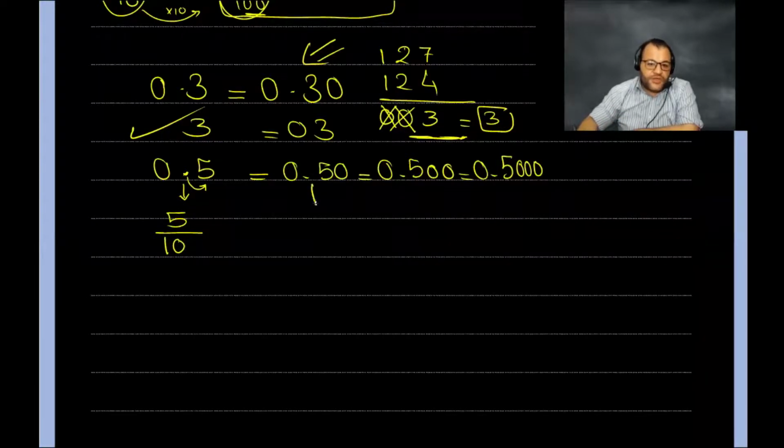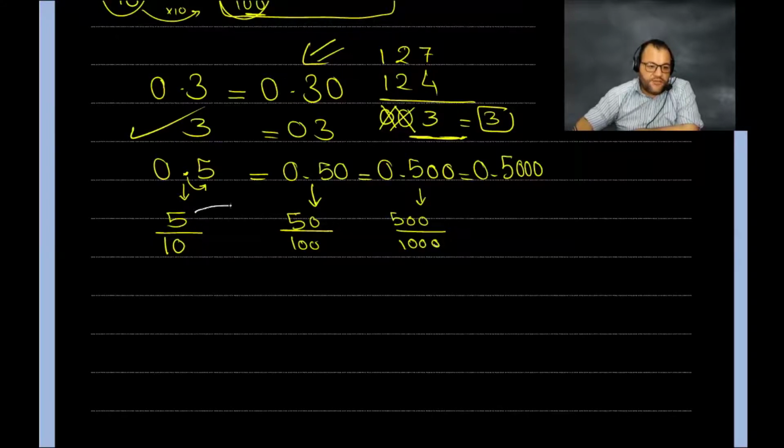Yes. Can you write another fraction equal to this? 50 over 100. Yes. And another? 500 over 1000. Can you find a relation between the three fractions?